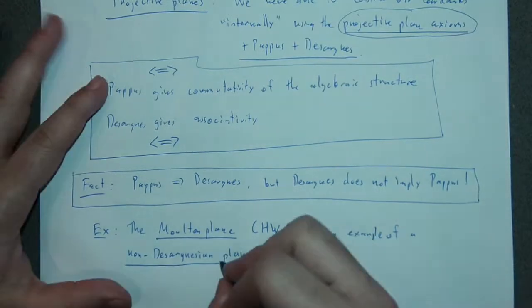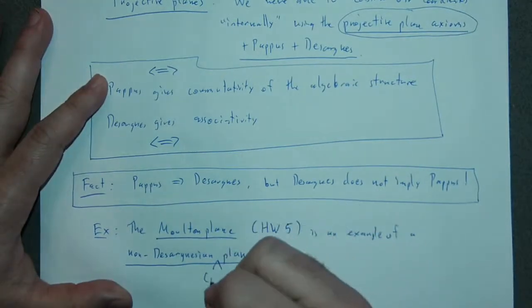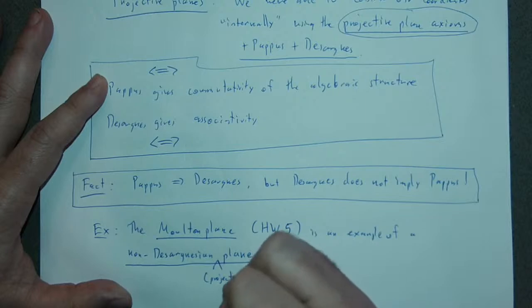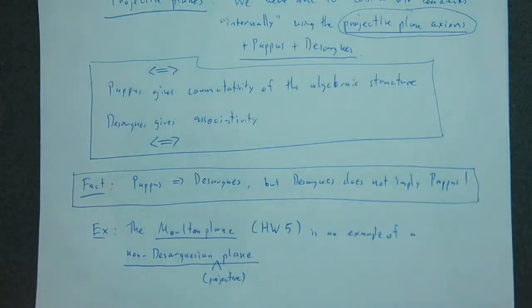Now, all of these planes, when we talk about these planes, these are all projective planes. So this is a non-Desarguesian plane, which means a projective plane where the Desargues theorem is not true.